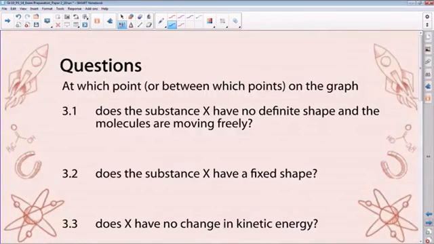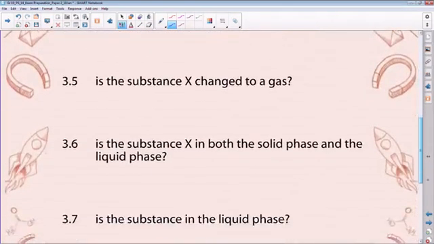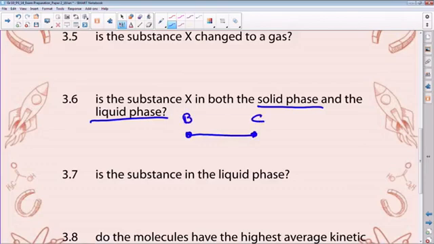Now that said, I also want us to look at the next question: the substance in both solid phase and liquid phase. That happens during the temperature where the temperature remains constant. That one was between B and C. The point we need to take home is, what happens during phase change?